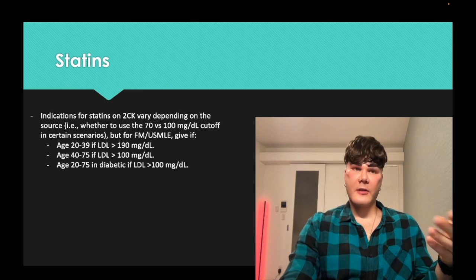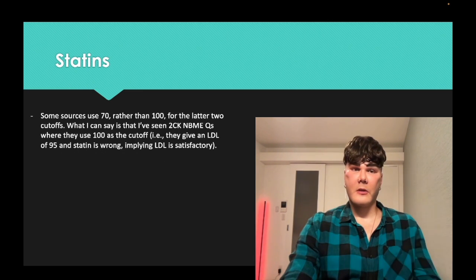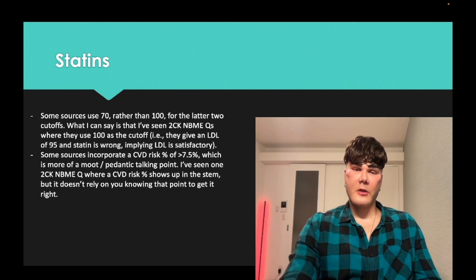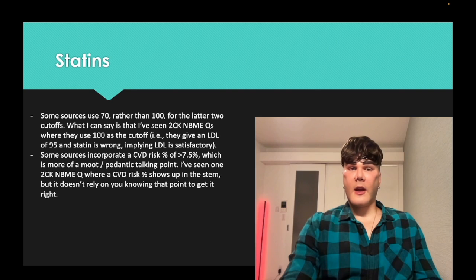So under 100 is actually what they're okay with for the exam. And then some students get pedantic about the cardiovascular disease risk percentages as far as low intensity, high intensity statins, et cetera, and whether we give a statin at all. And I think that's because QBank tends to focus on that. USMLE doesn't care, okay?